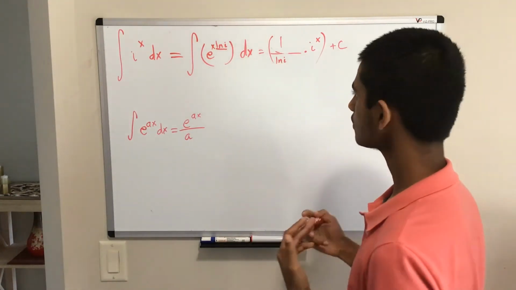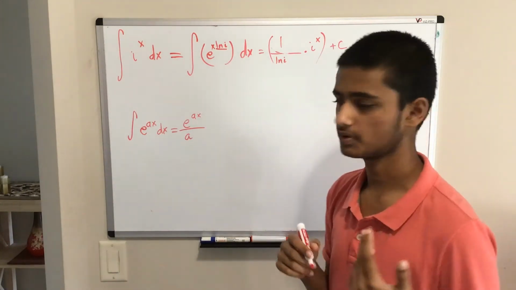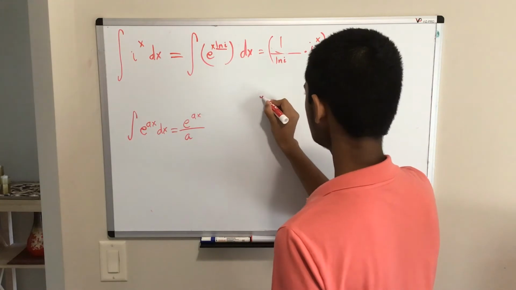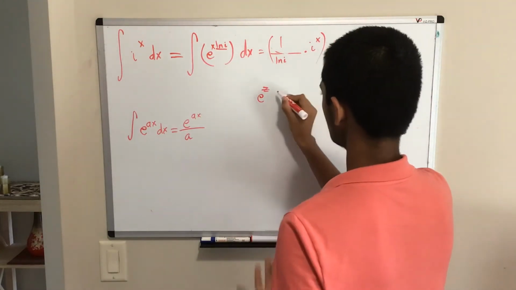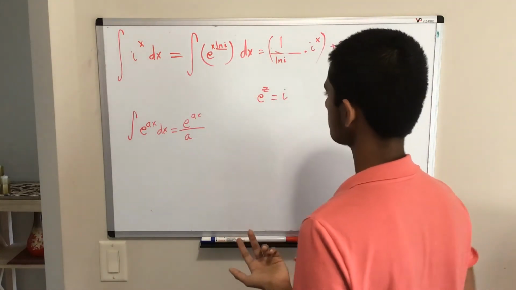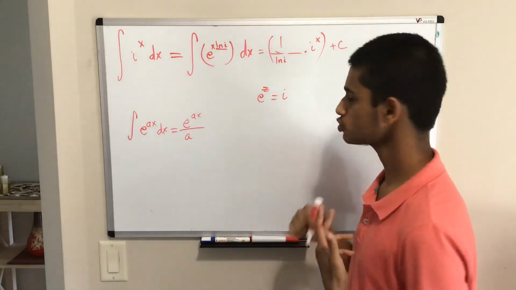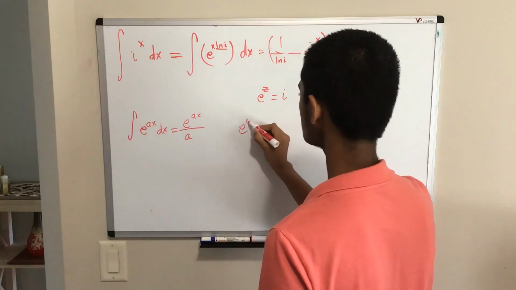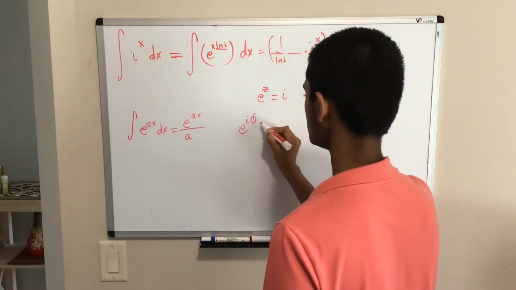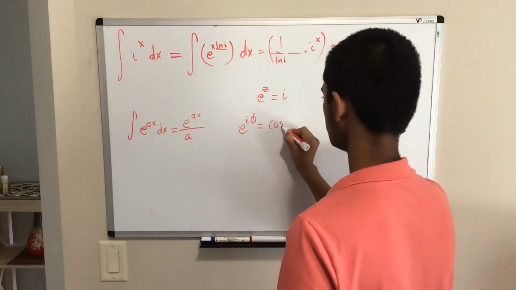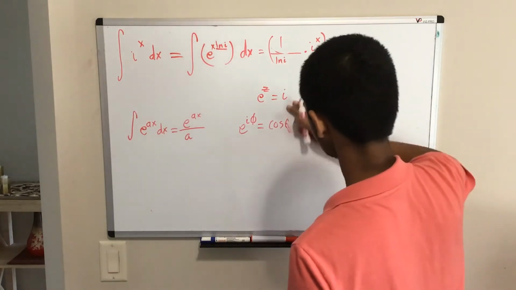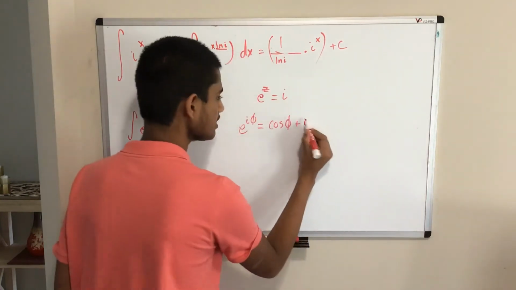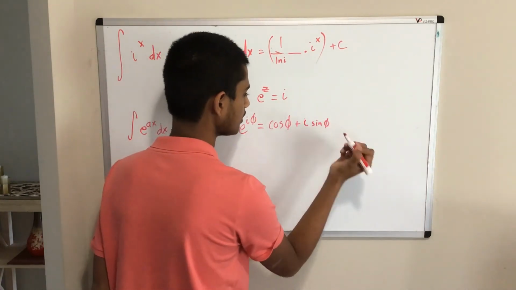And in order to do that, we can use Euler's formula. ln of i is basically just asking us to find e to the power of some number z where it's equal to i. And as I mentioned before, we can use Euler's formula to do that. So Euler's formula states that e to the power of some i times phi is equal to cosine of phi plus i sine of phi.